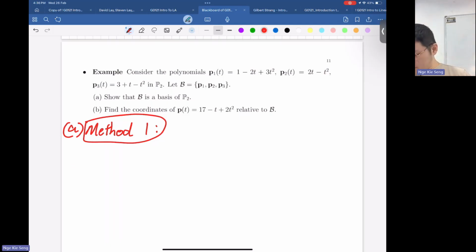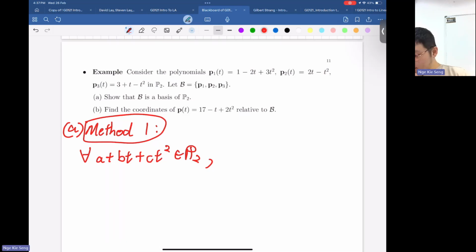Is it true that for every a plus bt plus ct squared in P2, I can express it in terms of, what notation should I use? P, Q, R... no more symbols to use. Let me think.